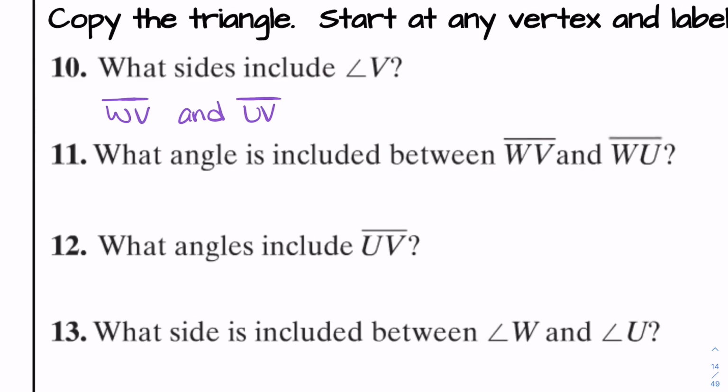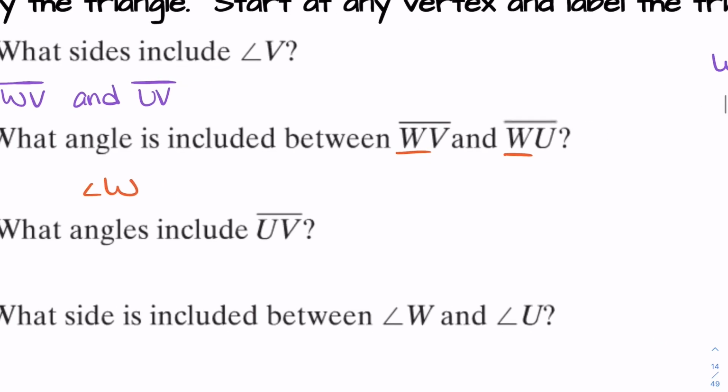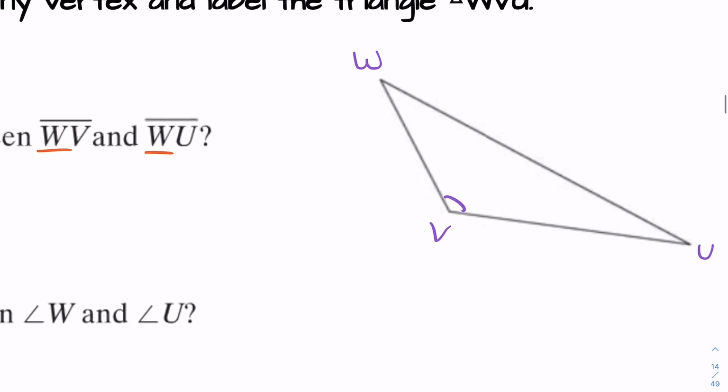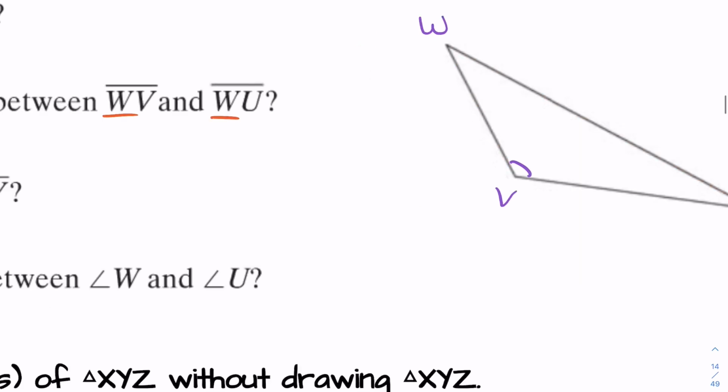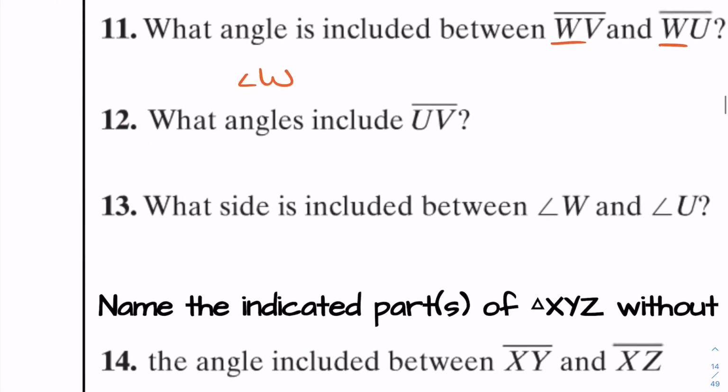What angle is included between WV and WU? Well, they both have W in common, so the angle is angle W. We can check it. If we have WV and WU, there's WU, there's WV. So this angle right here is angle W. What angles include UV?